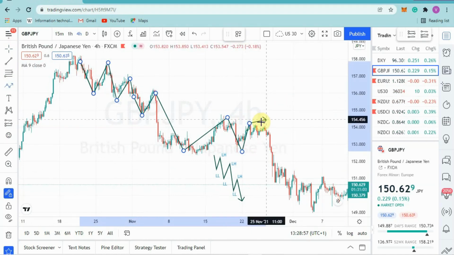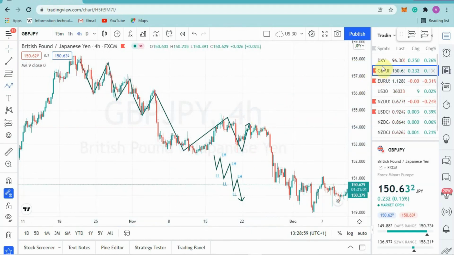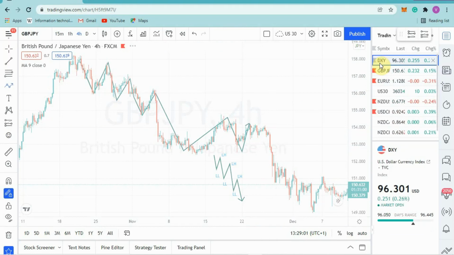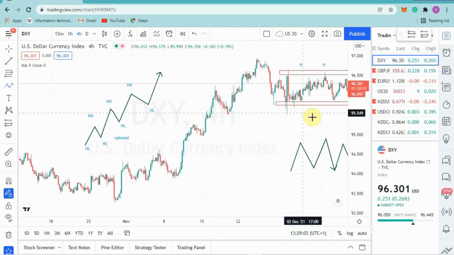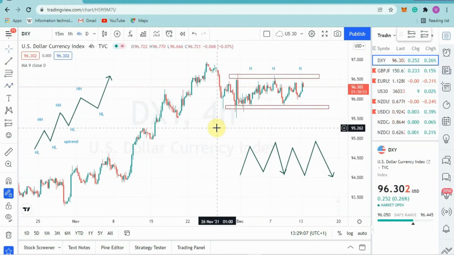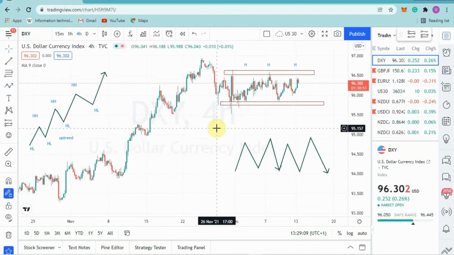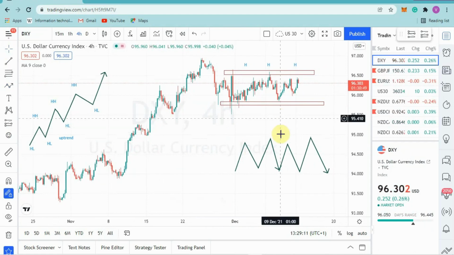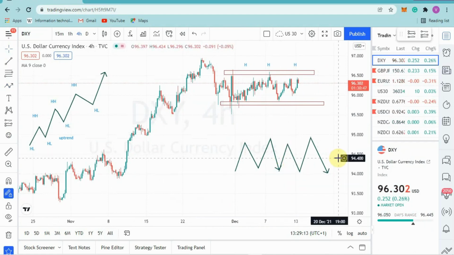Okay, I'm going to jump into the last one, which I call the range or the sideways market structure. This is quite simple: it's a point where the market doesn't really have a clear direction, just moving sideways in a rectangular structure.